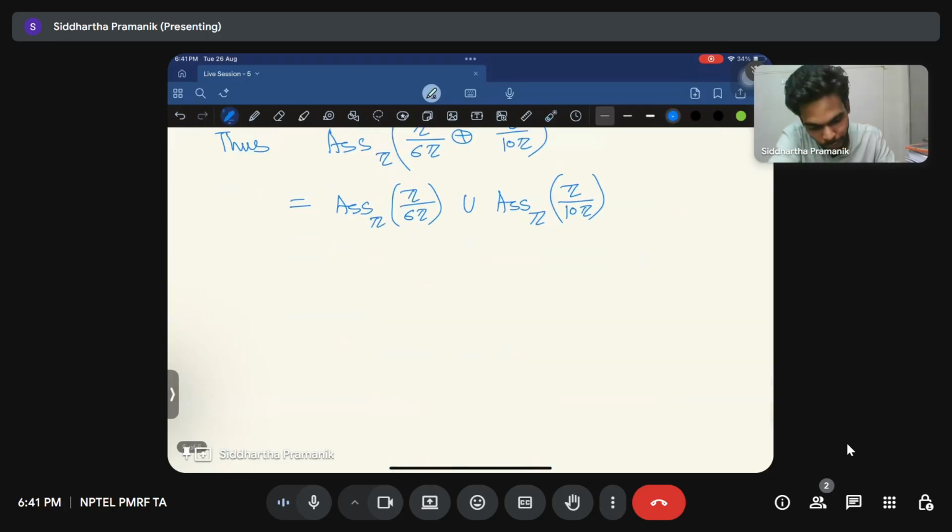So we need to find the associated primes of Z mod 6Z and of Z mod 10Z. Now this thing we have already done, by using the primary decomposition of the ideal 6Z and the primary decomposition of 10Z.